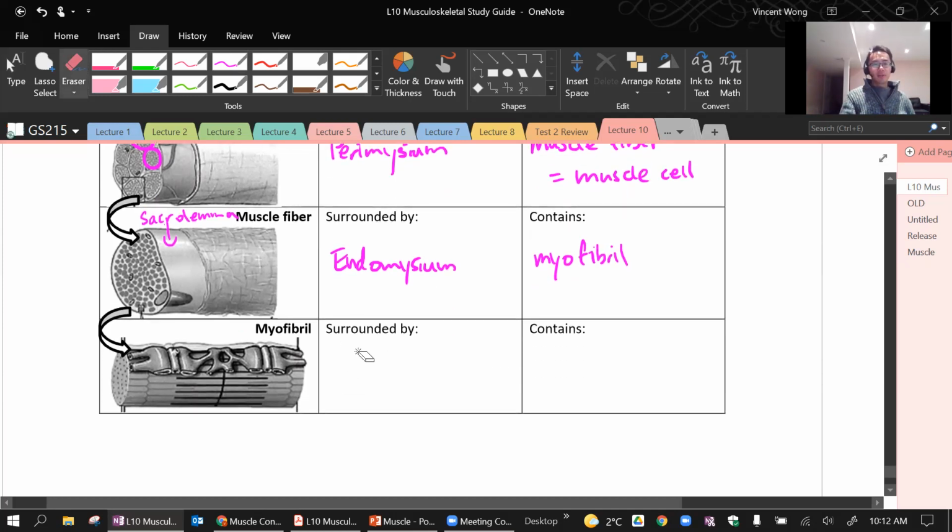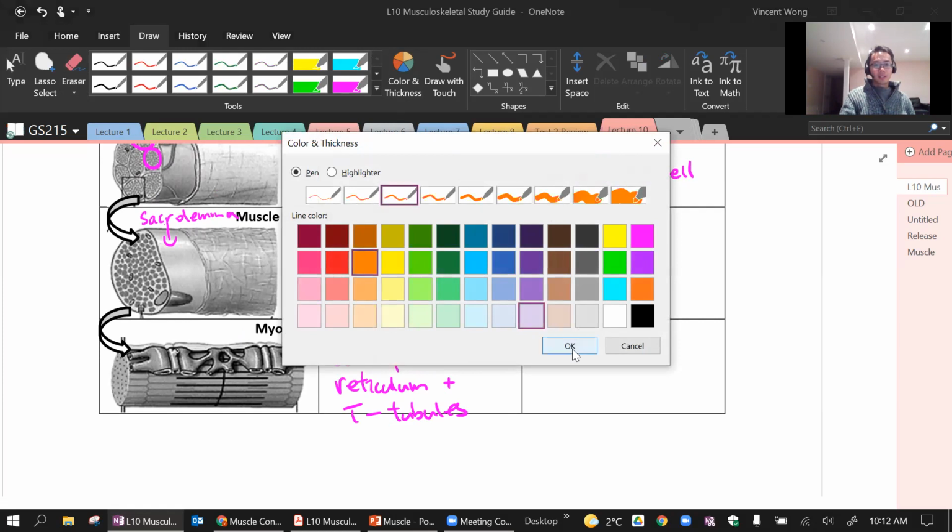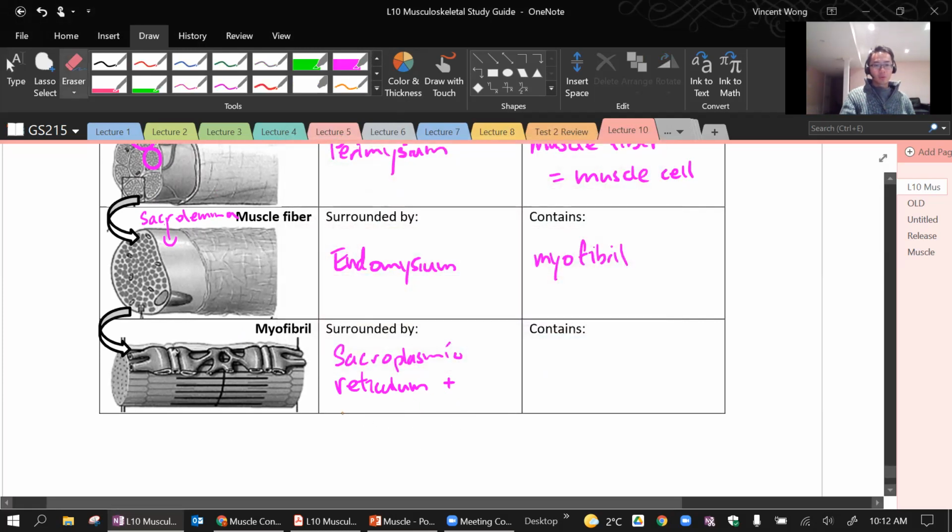If you pull one out, they are surrounded by sarcoplasmic reticulum plus T tubules. Okay, I will color them for you. Let's write it in orange. T tubules. So you see, these are the T tubules.